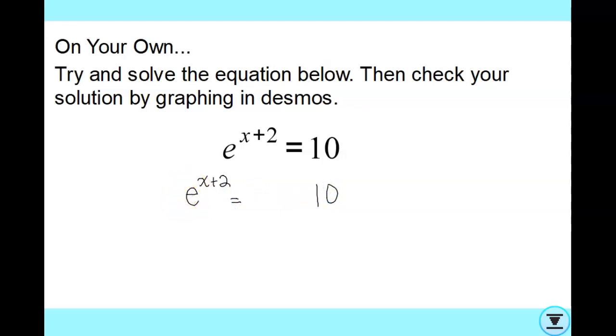So again, I have this e. So anytime that we have e, we're going to use ln. And our exponent is going to come down. So we have x plus 2 times the ln of e.